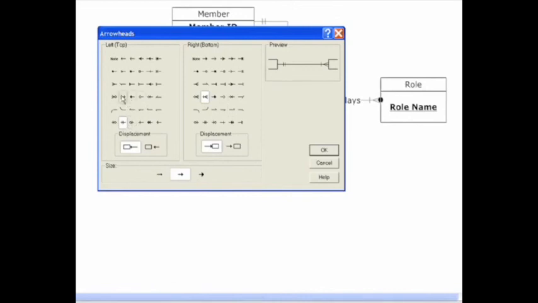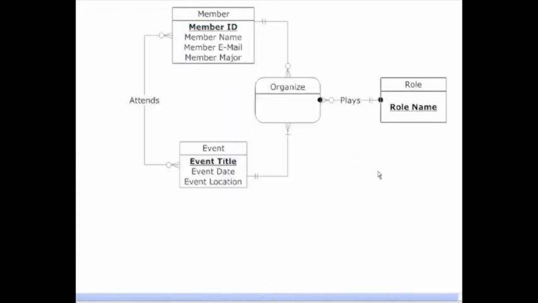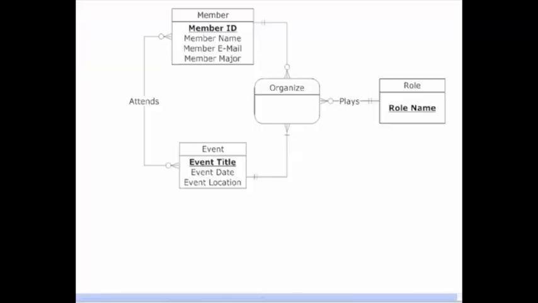Make this the optional one-to-many, and make this the required one. And now we have that a role may be played in many organize instances, and each organize instance is for exactly one role.